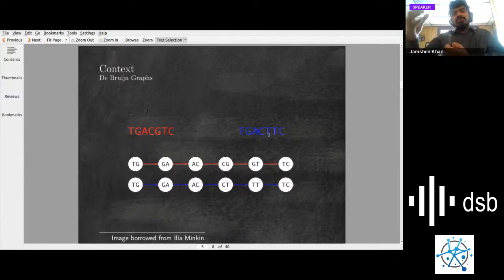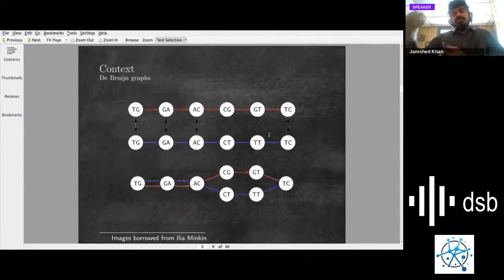Now if we want to represent the de Bruijn graphs in a combined manner, that is, take a union de Bruijn graph of these two references, then the union de Bruijn graph is this graph at the bottom. That is, this is a colored de Bruijn graph that represents the red reference and the blue reference simultaneously.